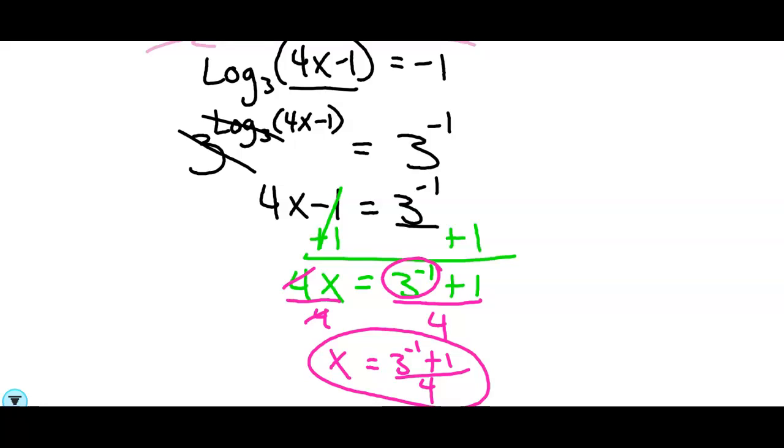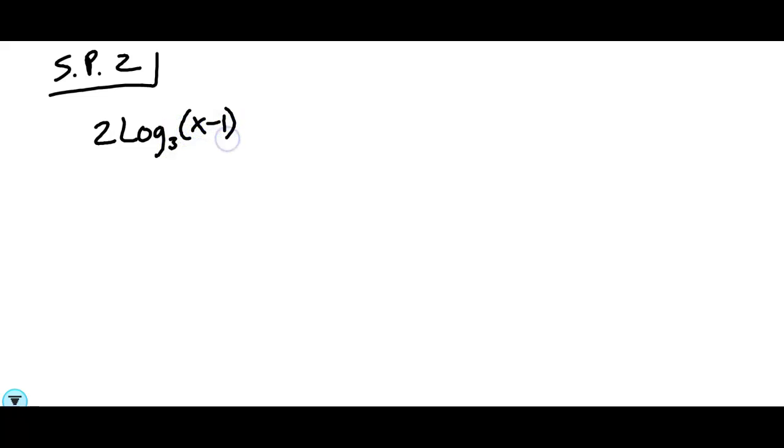All right, so let me throw 2 problems at you guys here, see how you do with them. So student practice 2. How's about 2 log base 3 of x minus 1 equals 4.